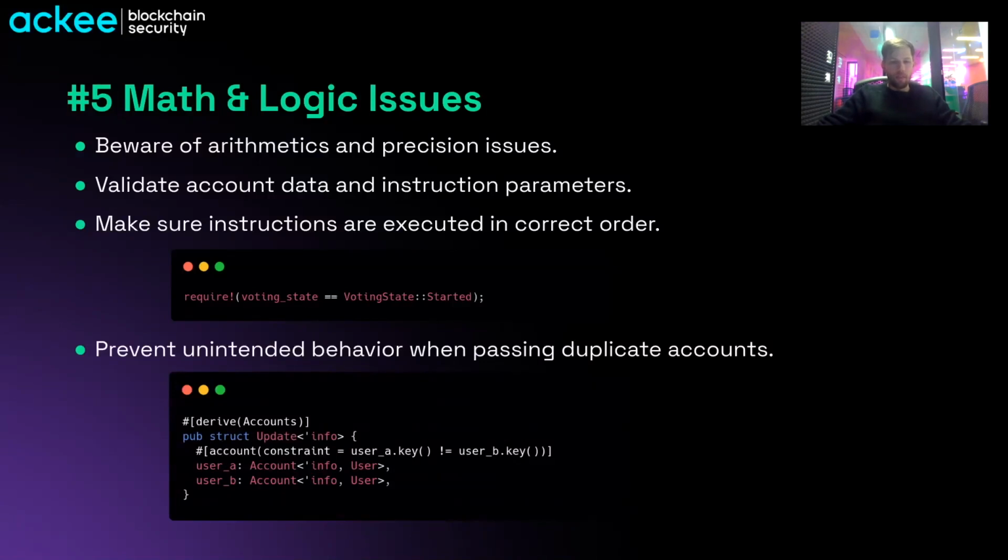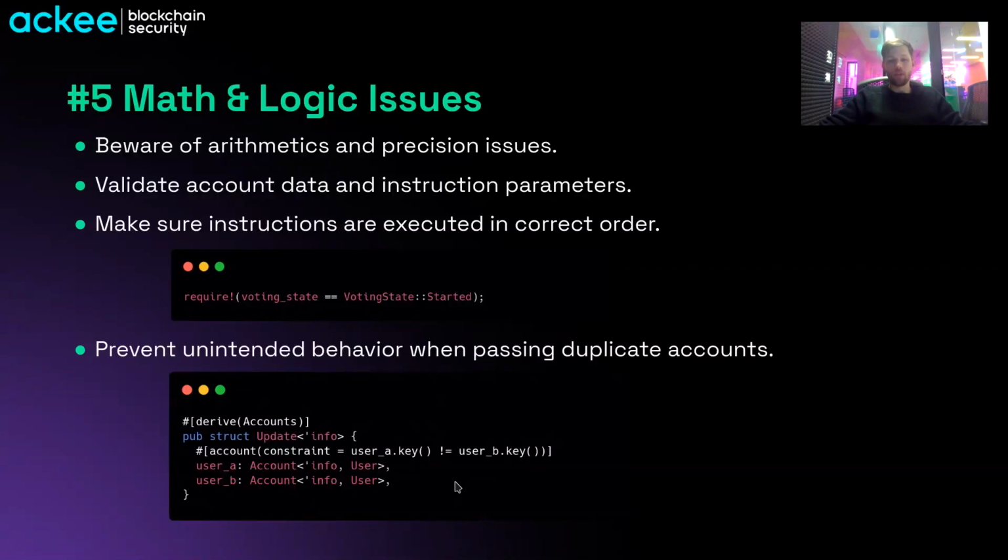Actually, the accounts do not have to be mutable, but very often you want to have, for example, user A and user B, and there is some action that happens, but you don't think about the situation if somebody will supply the same account for the user A and user B. So this is something that you should have in mind, and again, the best thing is to do the proper testing for that.